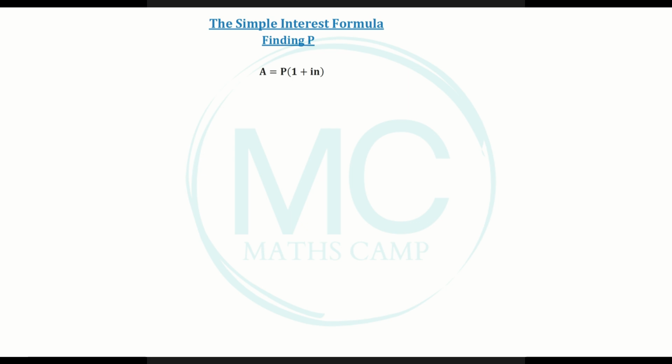And to do this, all we need to do is to divide both sides by the bracket 1 plus IN. Now, on the left, we have A over 1 plus IN is equal to, on the right, these brackets will cancel and we're left with P.